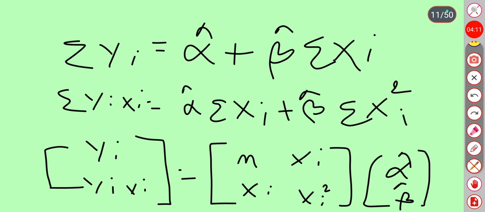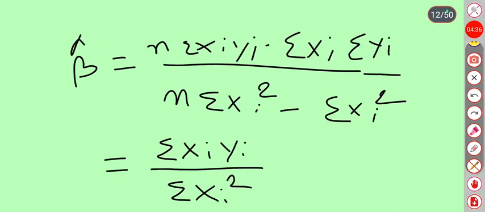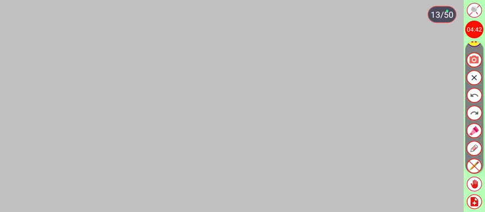We represent it in matrix form, and solving this matrix we get the value summation xi yi by summation xi square.